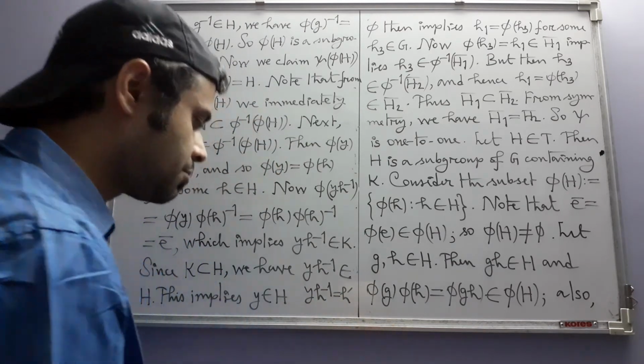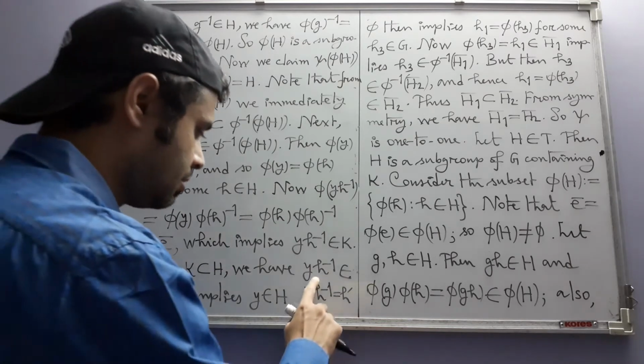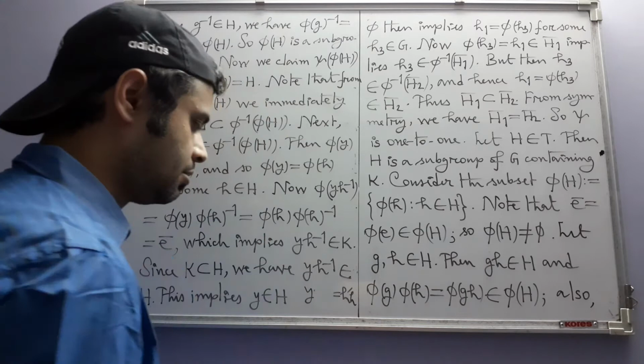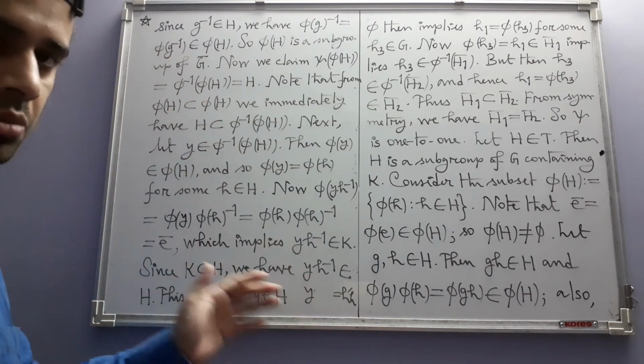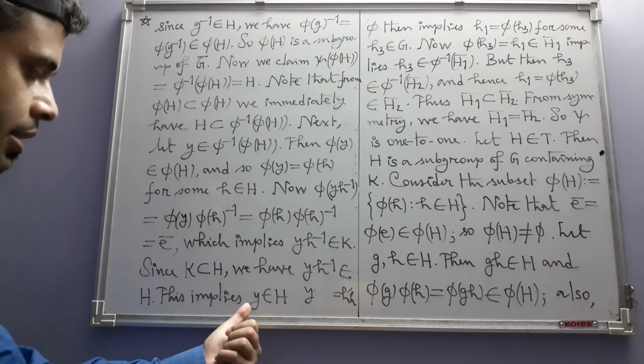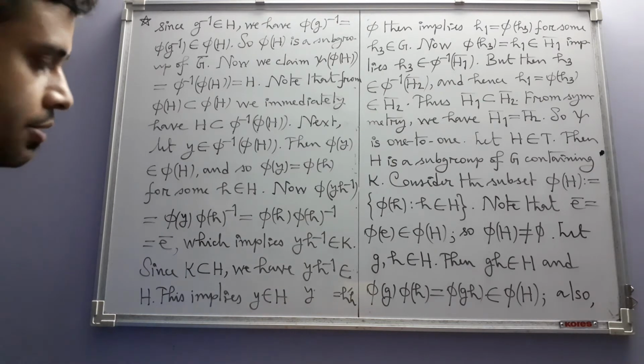You then post multiply both sides by h. That will give you y equal to h prime h. h prime and h are both elements of H, so their product is again an element of H. So that's how you get y belonging to H.